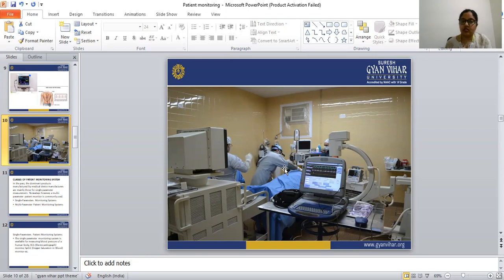The surgeons and healthcare staff are doing their surgeries, but they can monitor all the physiological parameters through this computer only. So this computerized patient monitoring is very useful.